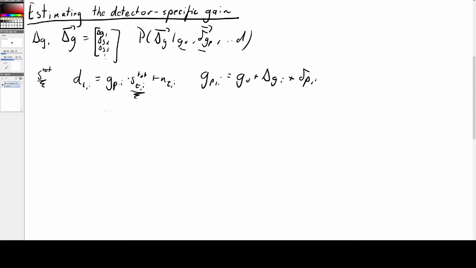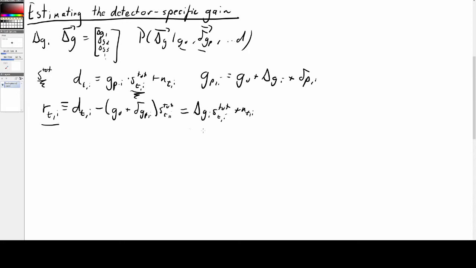And that means that if we create a residual r_ti, which we define as being equal to the data minus (G_0 plus delta G plus P_i) times the total signal, then that is supposed to be equal to delta G_i times S_tot plus n_ti.